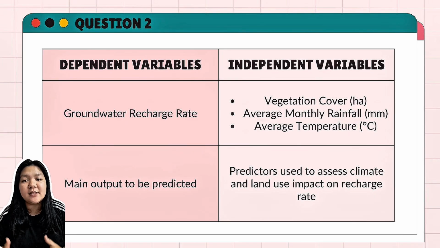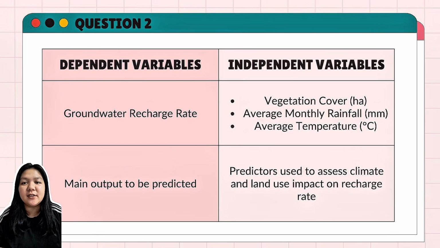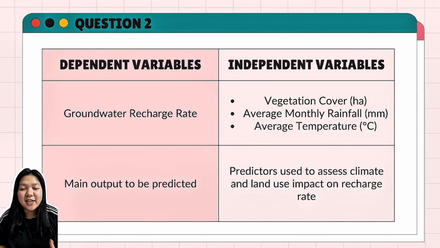They are the factors we believe influence the groundwater recharge rate. We use them in our model to analyze the relative effects of climate factors and land use management on the rate of groundwater recharge. In essence, these are our explanatory variables that help us predict the changes in the groundwater recharge rate.